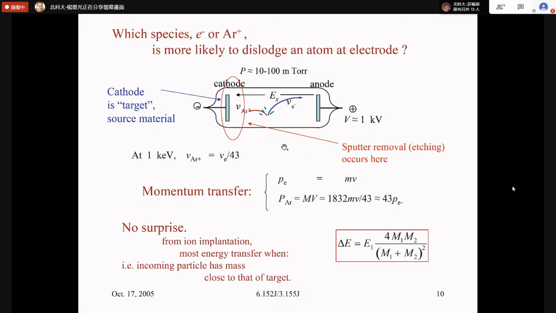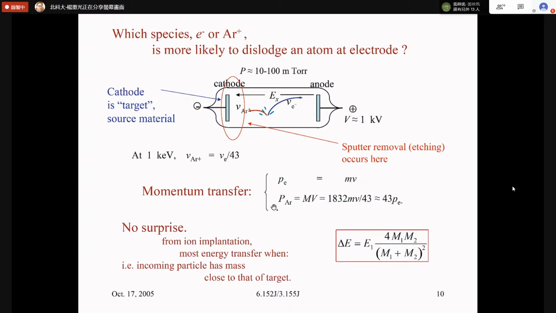There is a momentum transfer: the electron is m times v, and argon is m times v as well, which is 43 times the momentum of the electron.